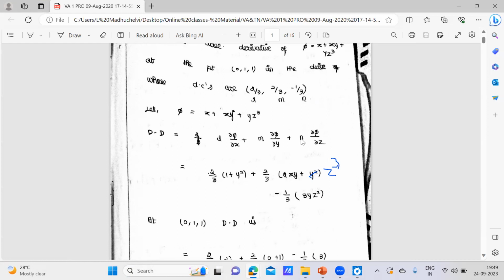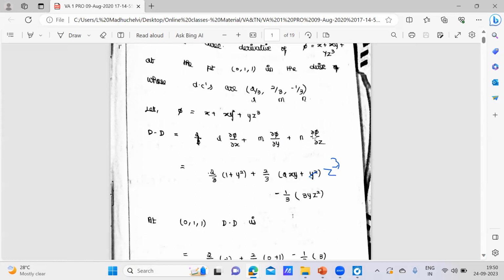Let phi equal to x plus xy squared plus yz cubed. The directional derivative equals l dou phi by dou x plus m dou phi by dou y plus n dou phi by dou z. That is equal to 2 by 3 into (1 plus y squared), that is l is 2 by 3 and dou phi by dou x, if you differentiate phi with respect to x, we get 1 plus y squared, plus 2 by 3 into dou phi by dou y, which is 2xy plus z cubed.